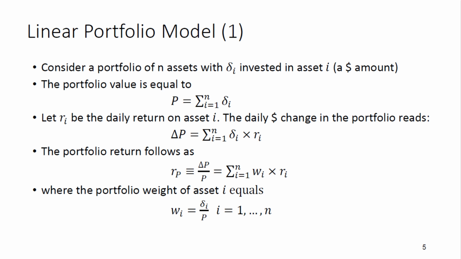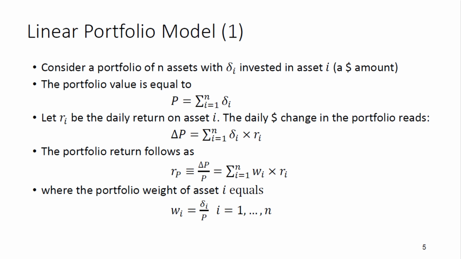So delta i times Ri is the return on asset i. If I add it up over all the assets i, I get the change in the value of the portfolio P. So delta P denotes the change in value. The original value is P, and now there will be an increase or decrease of delta P, depending upon how the returns affect the values of the individual assets.